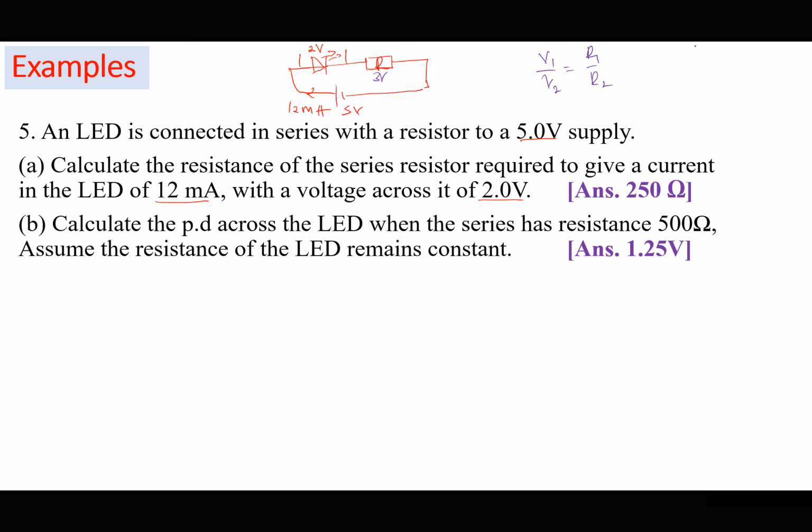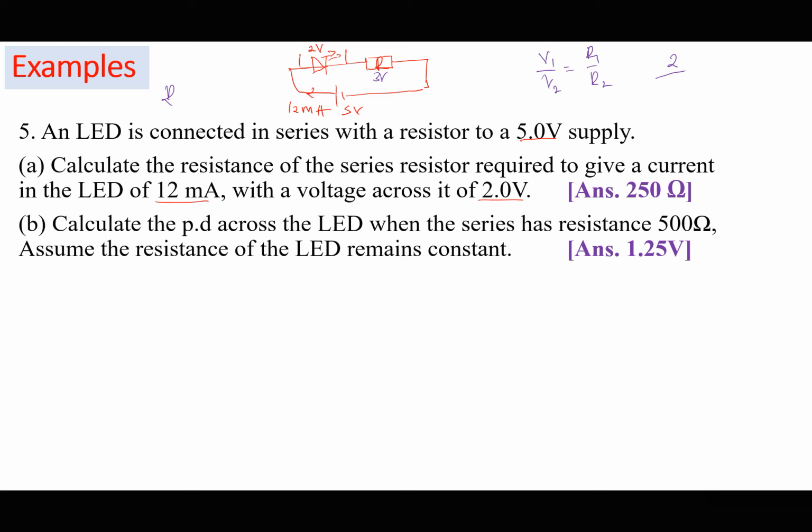So someone could say, okay, 2 for the LED over, we don't know the resistance for the LED, so we have two unknowns here. This may not work, but I can still find the resistance for the LED.